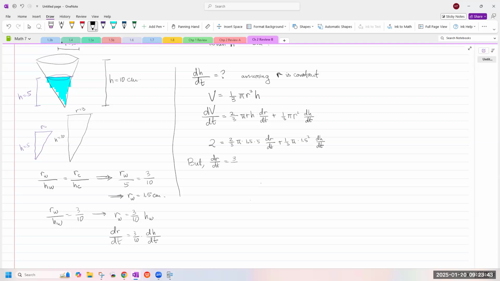This is 3/10 dH/dt. That's what I will use. So this will be 2 equals 2/3 pi times 1.5 times 5 times 3/10 dH/dt plus 1/3 pi 1.5 squared dH/dt.